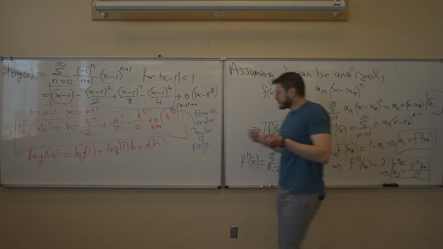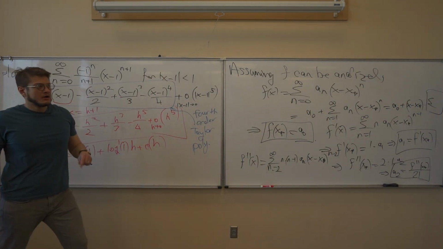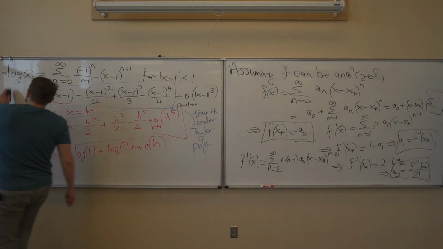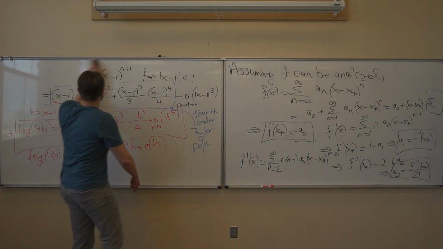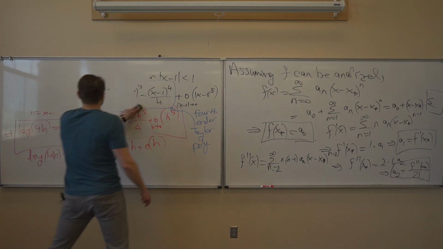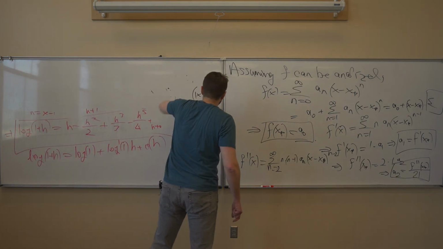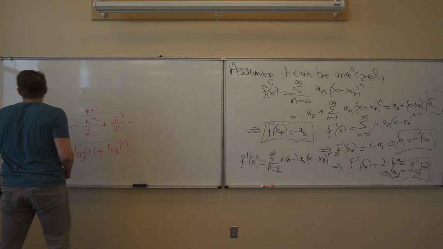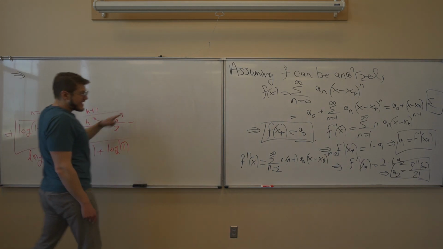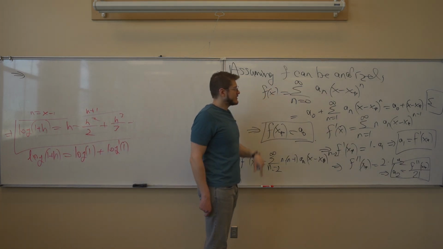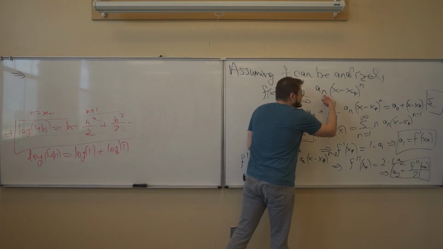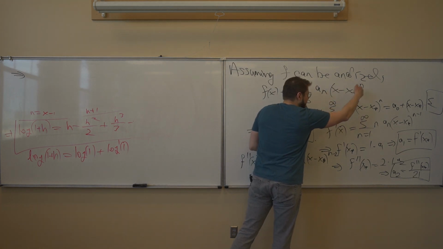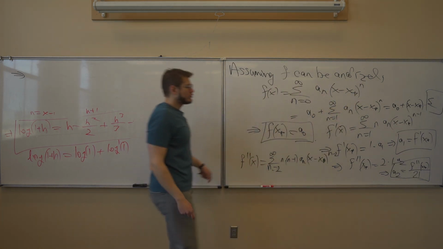Okay, going on this way, I have that if f can be analyzed this way, then it must be the case that a sub n is equal to the nth derivative of f evaluated at x star divided by n factorial.